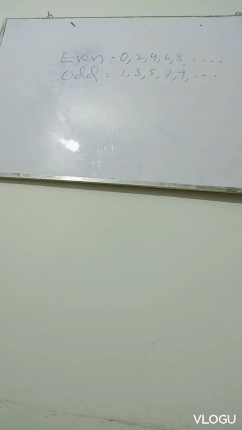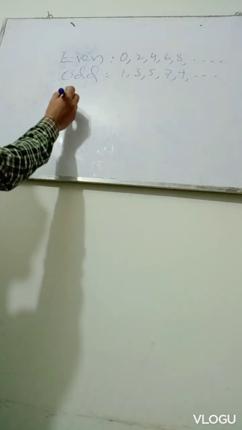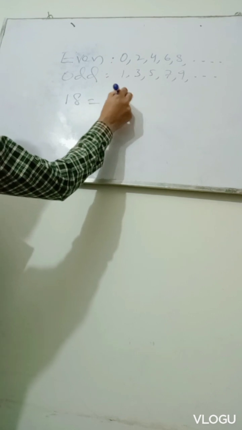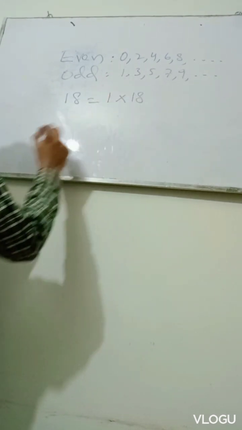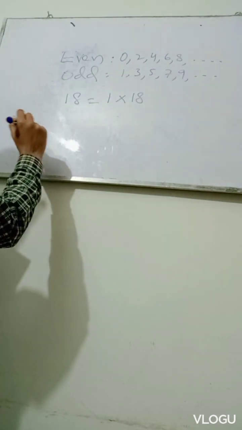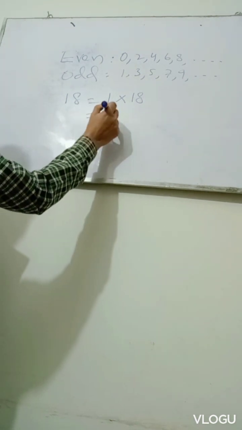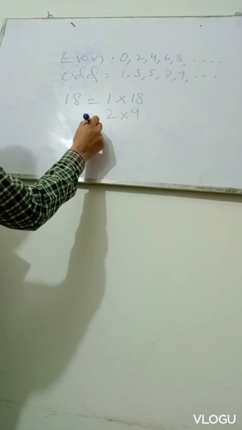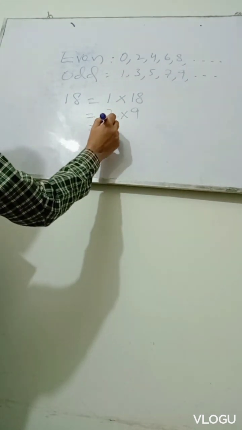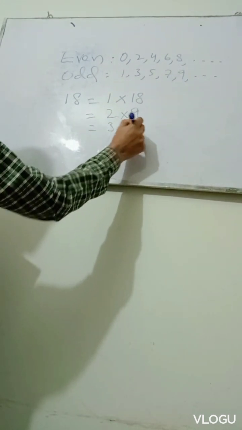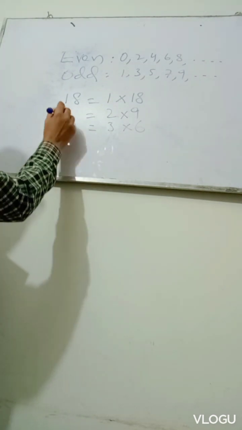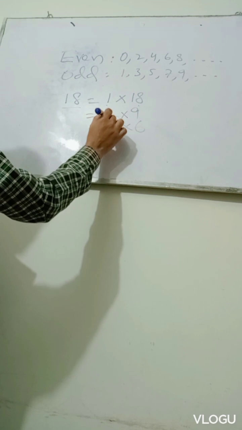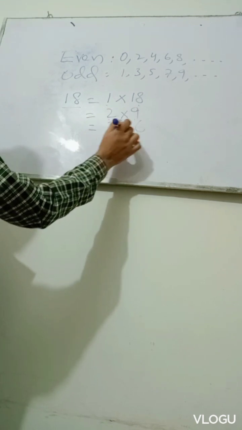For example, if we say the factors of 18, they are 1 multiplied by 18 is equal to 18 and 2 multiplied by 9, also 3 multiplied by 6. So the factors of 18 are 1, 18 itself, 2, 9, 3 and 6.